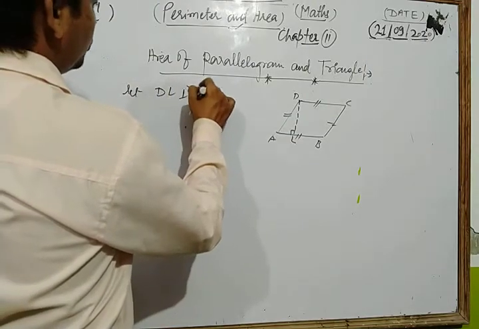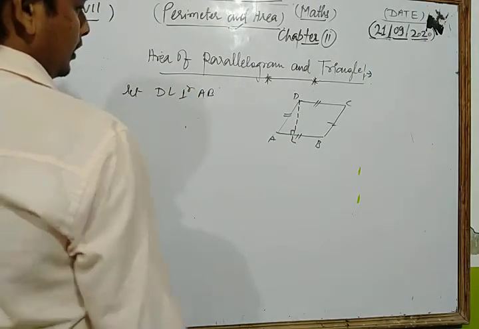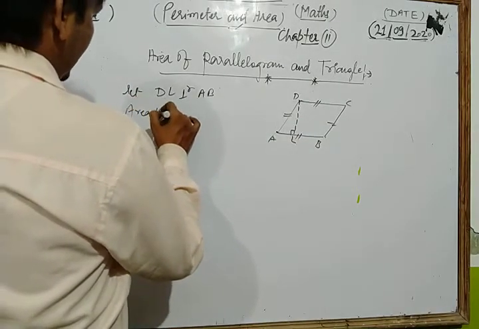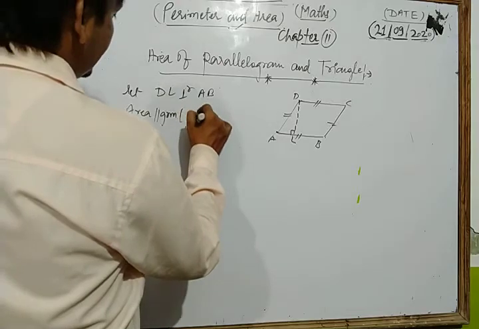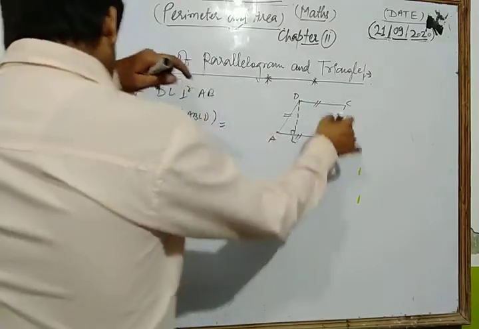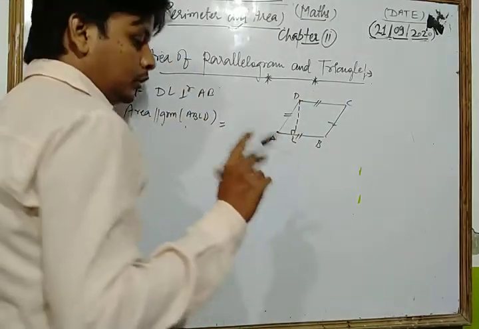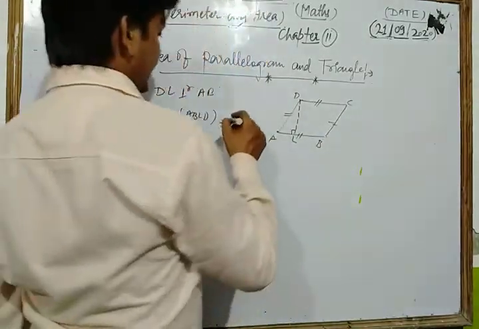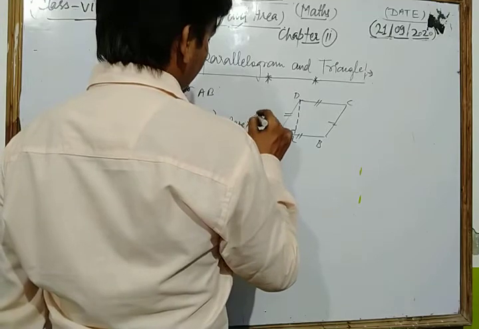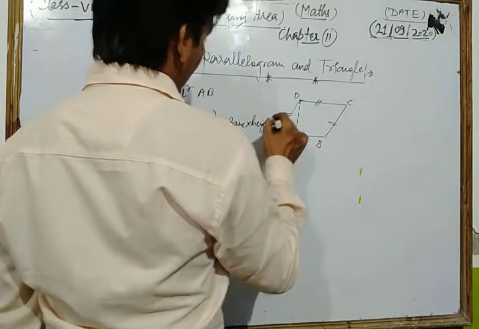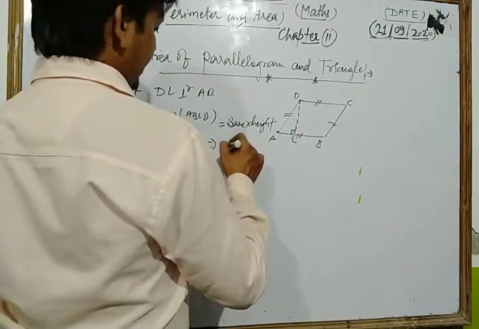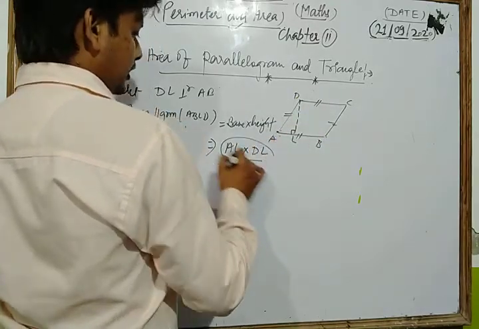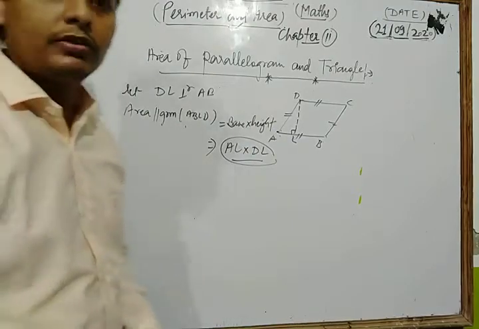Then the area of the parallelogram ABCD, the general formula to find the area of the parallelogram, is base into height. Here the base is AL and the corresponding height is DL. This is the formula for the area of the parallelogram.